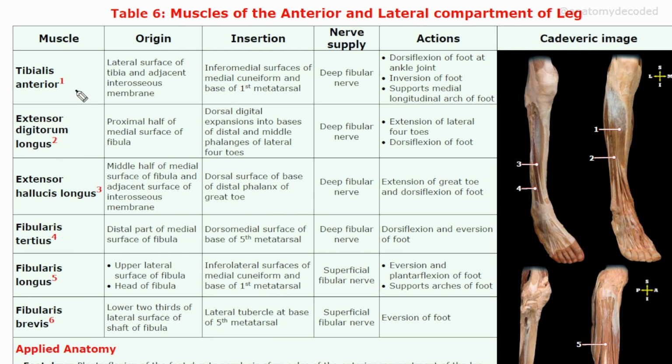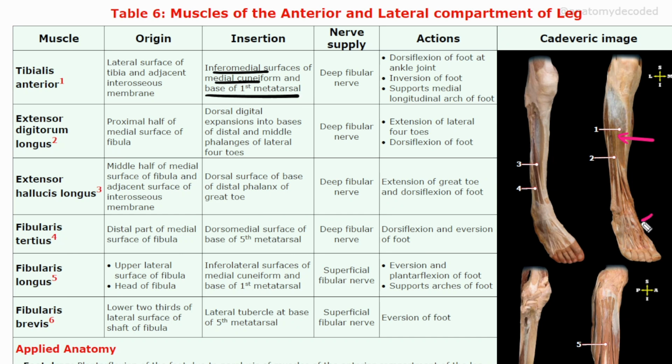For tibialis anterior, the origin is from the lateral surface of the tibia and the adjacent interosseous membrane. Insertion is onto the inferomedial aspect of the medial cuneiform and the base of the first metatarsal. Try to identify the muscle here. This muscle is tibialis anterior.